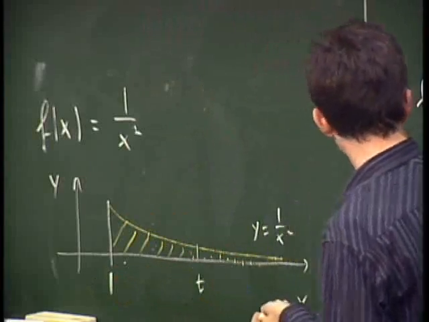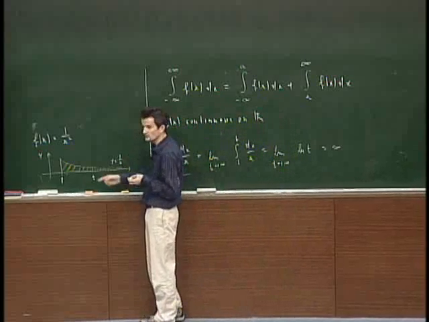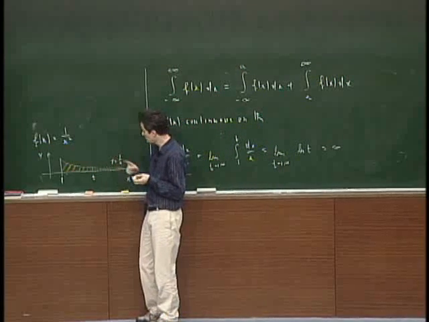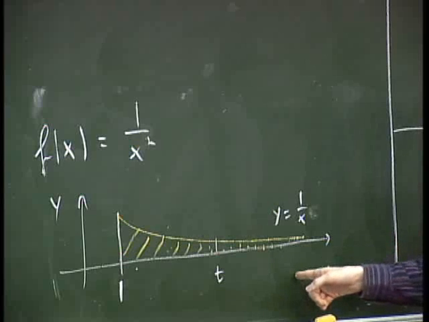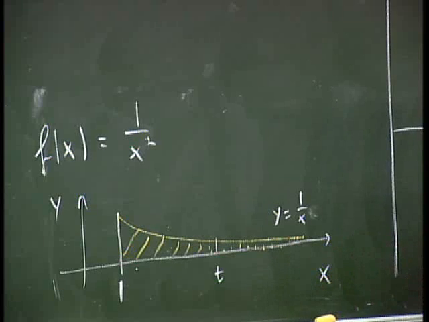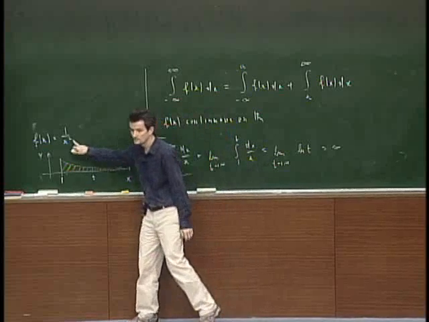You see from this also something interesting: if you look at the function 1 over x, there is no area here. But if you rotate it about the x-axis, and use, for instance, the method of cross sections to compute the volume of the solid you obtain by rotating this area about the x-axis, then you have pi times the integral from 1 to infinity of dx over x squared, which exists.